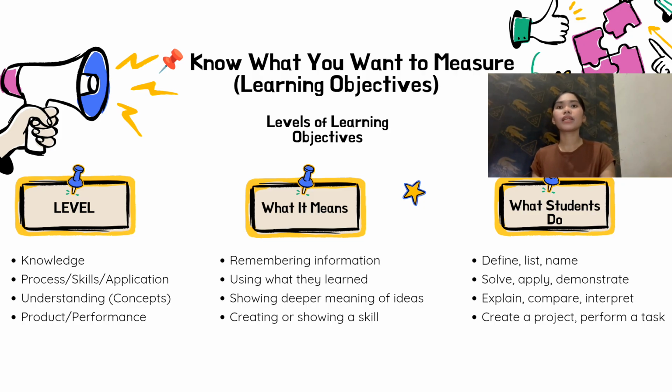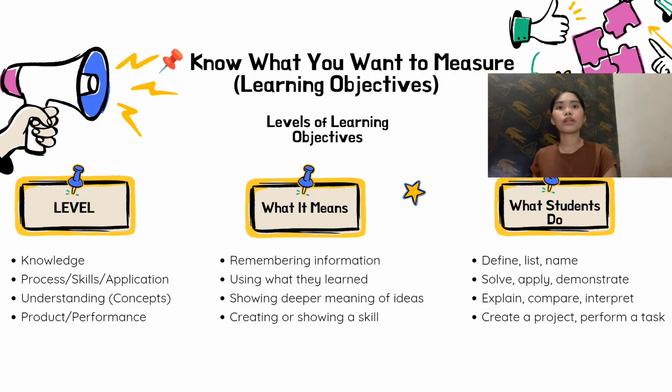For the knowledge, what it means is remembering information. Students will do the defining or listing the names of events or other information. For the second one naman, yung process, skills, and application, what it means is using what they learn.